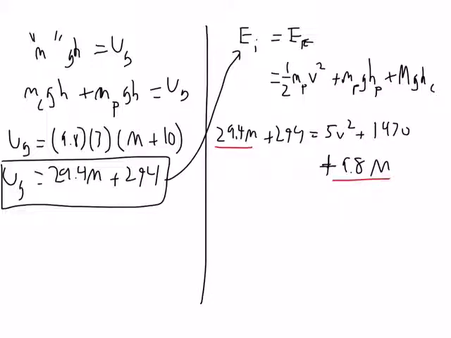Right, 29.4 minus 9.8 M is going to be 19.6 M. We can also combine the terms here and here. So that is going to be 294 minus 1470, and that is minus 1176. That equals 5v squared.